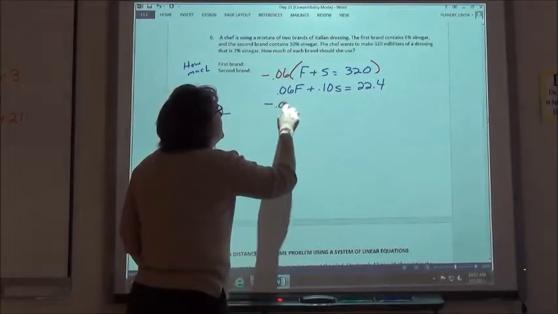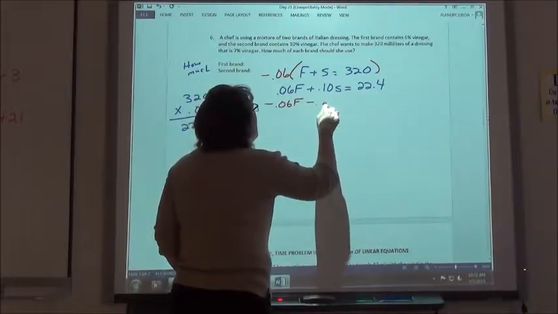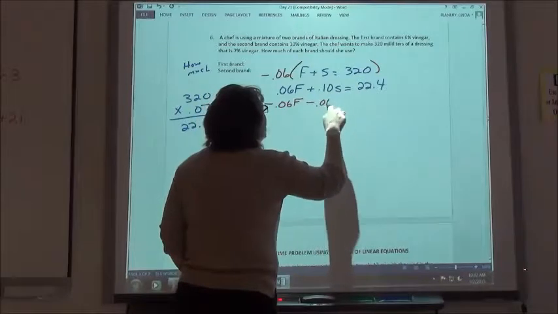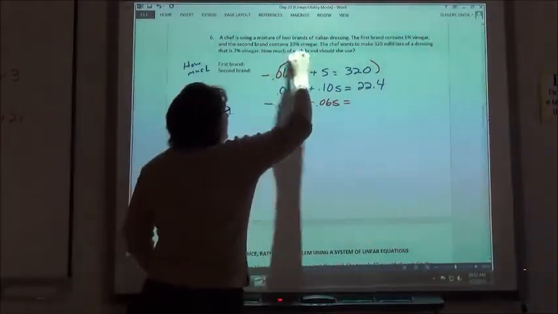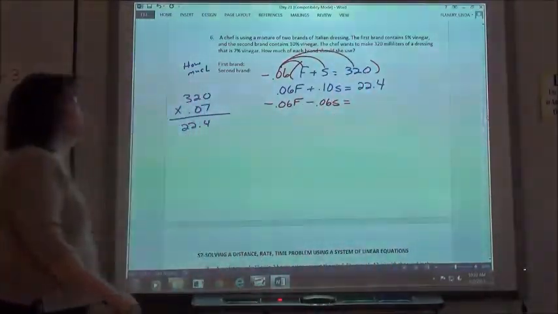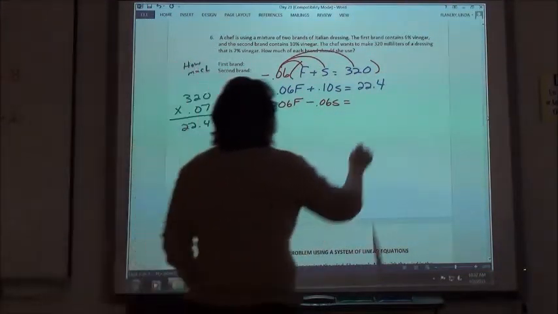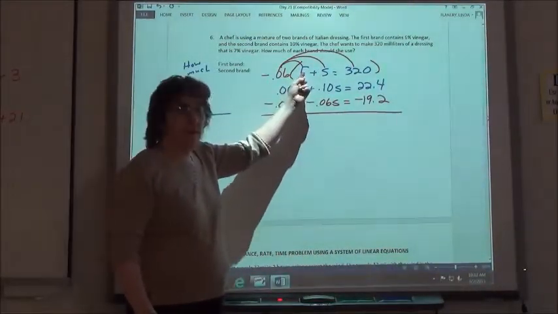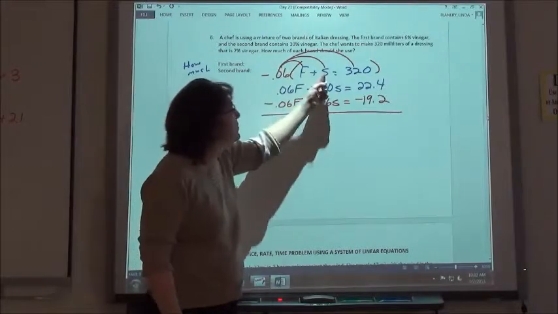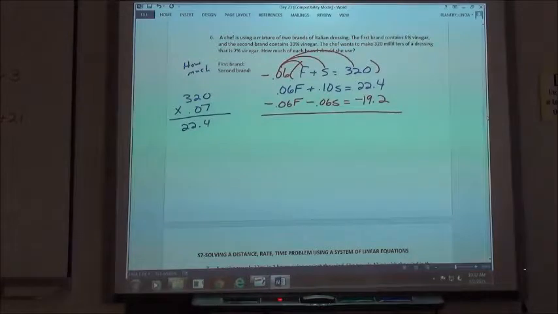Negative 0.06 F plus negative 0.06 S equals negative 19.2. So negative 6% times F, negative 6% times S, negative 6% times my 320, which is negative 19.2.